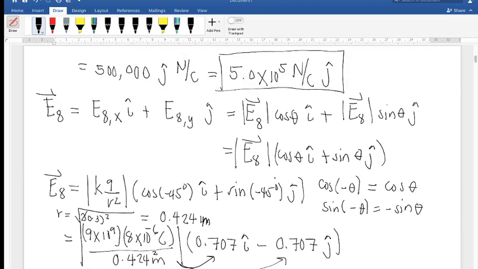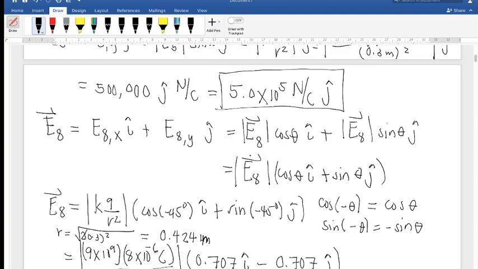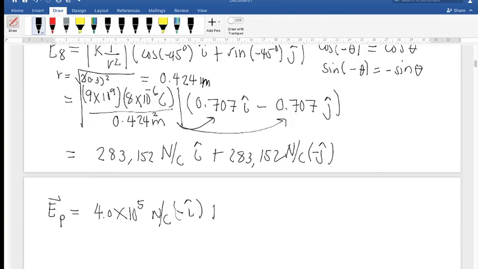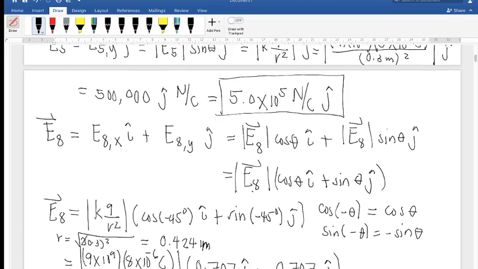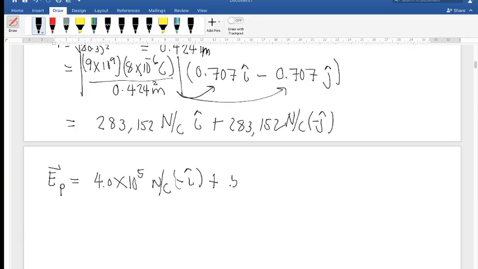Okay, so let us check if it is negative i hat. Okay, very good. Then plus the electric field produced by charge negative 5, that is 5.0 times 10 raised to 5 Newton per coulomb, positive j hat, sorry. Then add all of these.